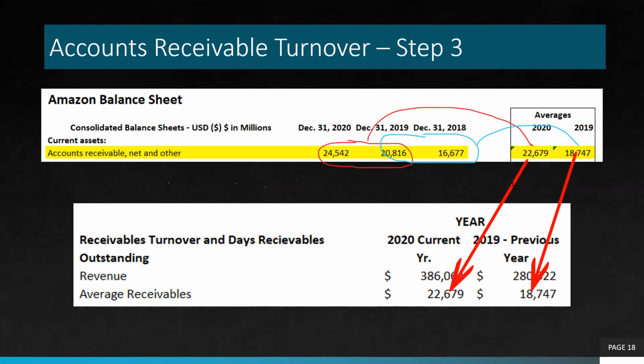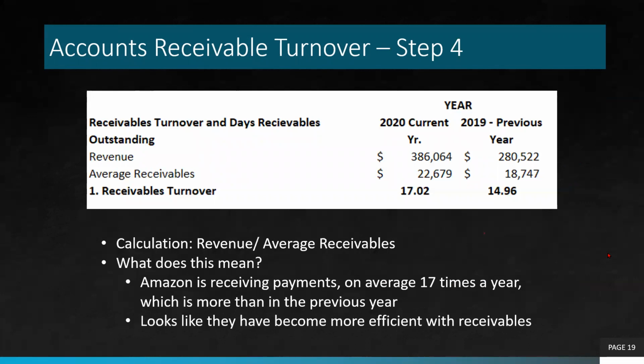I take that average number and add that to average receivables. For 2019, I take the 2019 number of 2816 and the 2018 number of 16677, do my calculation over here in the corner, and insert that number into the average receivables. And then I conduct the calculations.